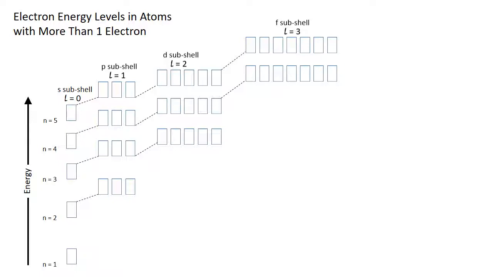A good example of that is the 3D level, which is right here. The 3D level actually lies a little bit higher in energy than this 4S level. Notice that the 4D level right there lies a little bit higher in energy than the 5S level, and so on.